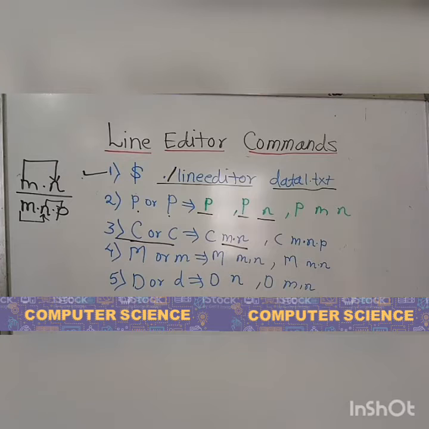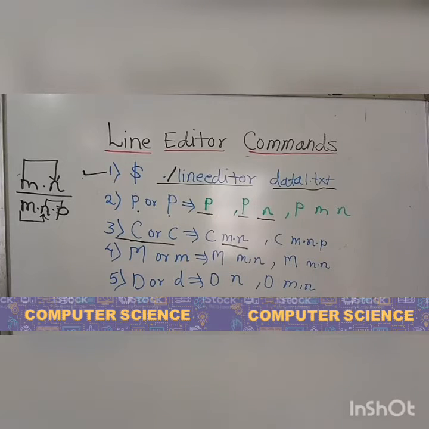Next is the M. As its initial indicates, M, you can use the small m or capital M for this purpose. These are used to move lines from one place to another place in a file.